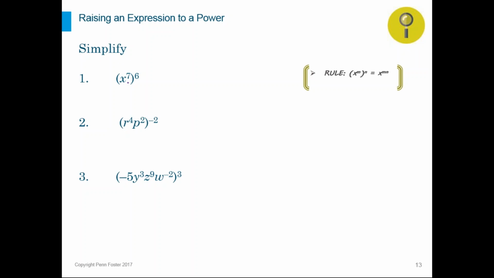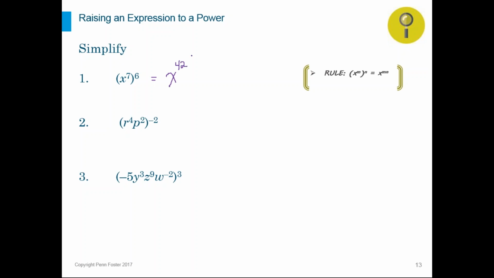The rule says multiply the powers. Distribute the outer power over each term inside the parentheses. So since I have one exponential expression in my first question, I'm going to multiply 6 times 7, which gives you 42. Then your answer is x to the 42nd power.